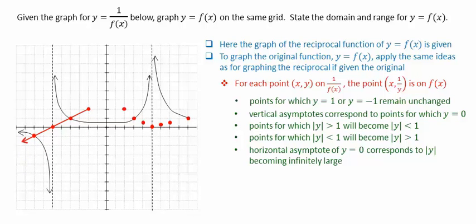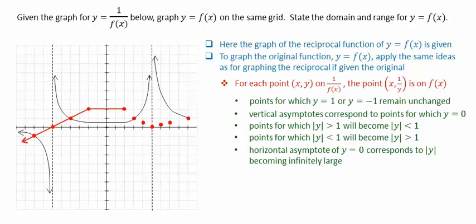Between x equals -2 and +2, the reciprocal function is a horizontal straight line, so the original function, f of x, will also be a horizontal straight line at a y value of 2. The remainder of the points will also be connected with straight lines.